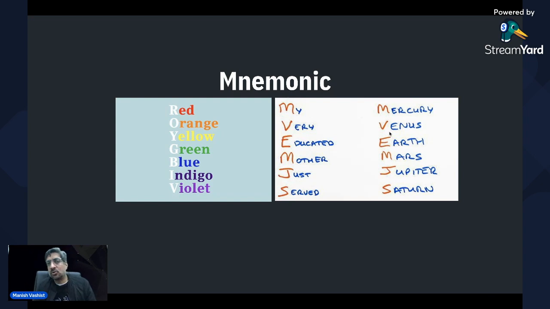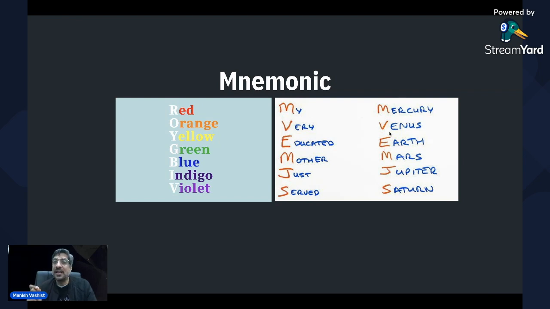So there are these mnemonics you can create to remember things, and then you can associate those words or those phrases with those concepts. You could do that for yourself. You can also create mnemonics for your applications, and those are some smart ways to do that.